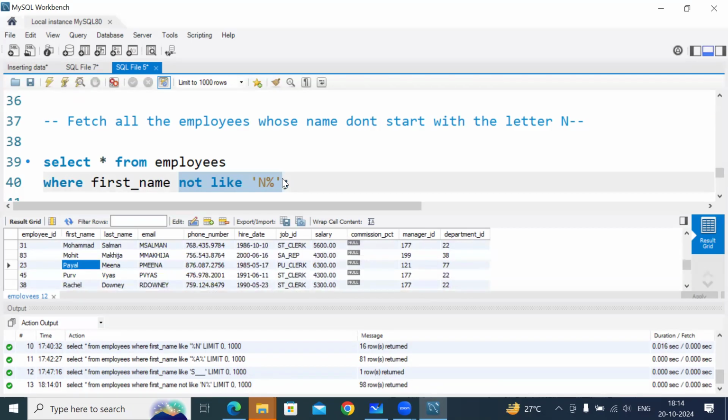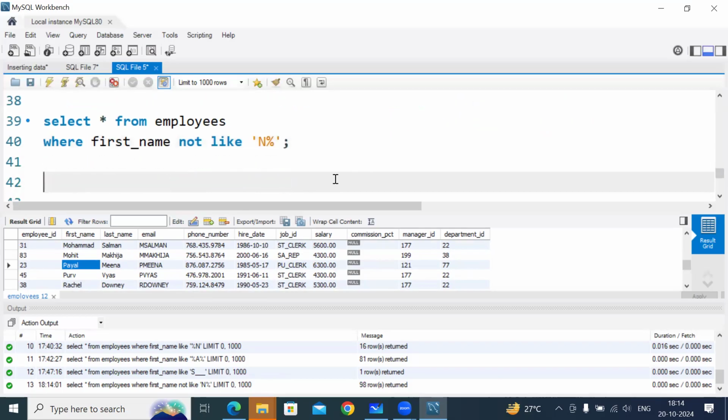Whenever we say LIKE to do this, NOT LIKE will not include that particular thing. That's it. So this is an example for NOT LIKE.